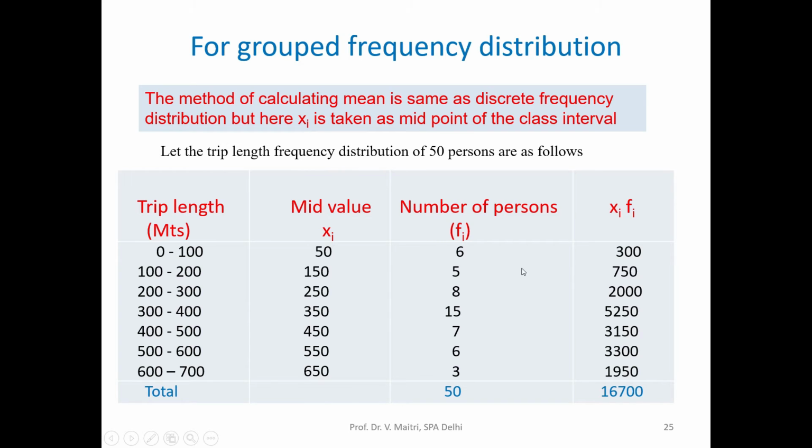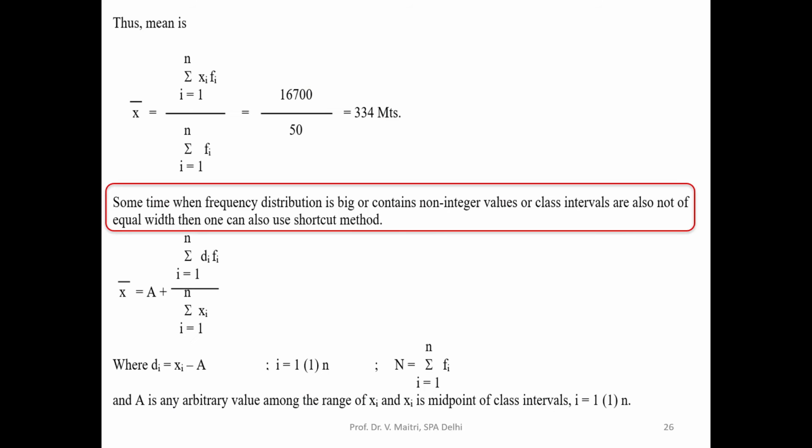So Xi multiplied by Fi: 300, 150 multiplied by 5 is 750, 250 multiplied by 8 is 2000, then 5250, 3150, 330 and 1950, and the total works out to be 16700. The same formula is there. Put this value into the formula: sum of Xi Fi, 16,700, divided by 50, that is 334 meters. So this is the average, the mean of this.